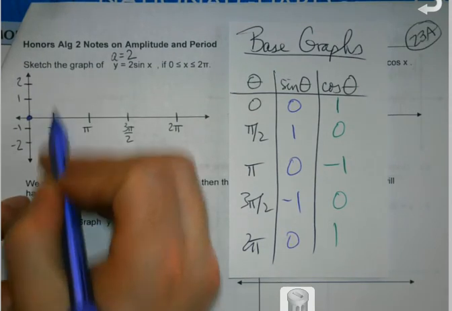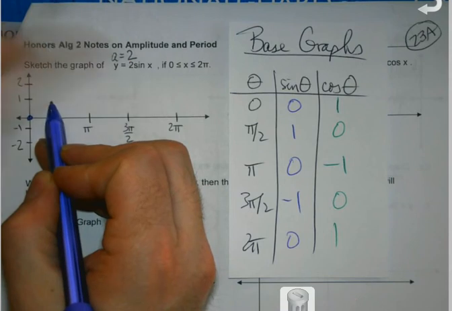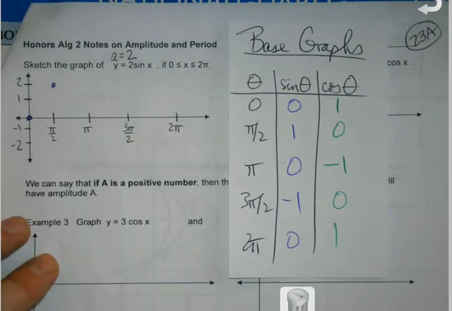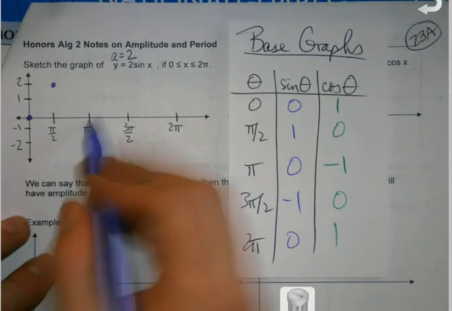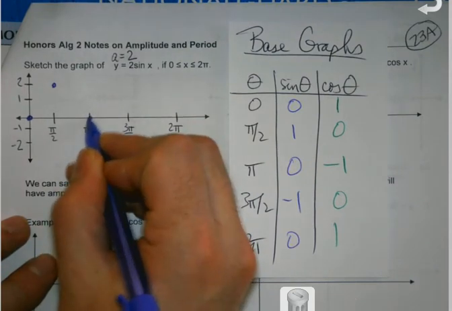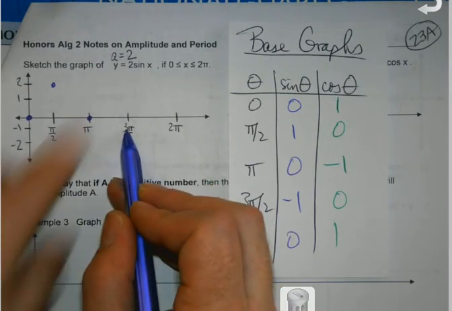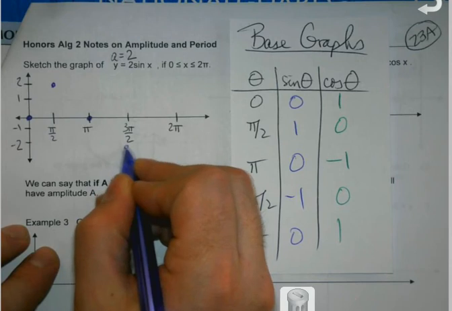Normally at pi over 2, I'm at 1. But my amplitude is 2, which means I'm going to multiply it by 2. And it's going to vertically stretch my graph. When I get back to pi and it's 0, 0 is not going to move in this case. 3 pi over 2 normally goes down to -1, but I have an amplitude of 2, so I multiply it by 2.